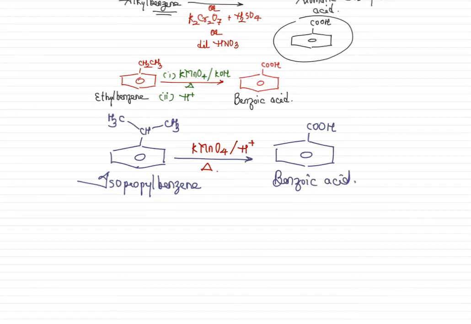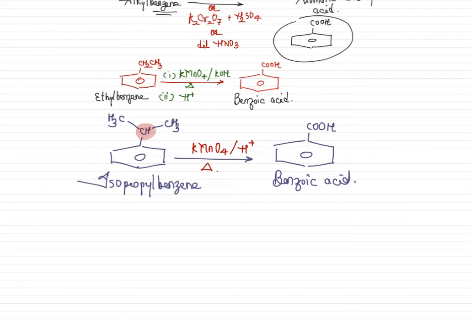See, the point is, as compared to the hydrogens which are present on the aromatic ring, the side chain hydrogens, and especially these benzylic hydrogens, are always more reactive. So as long as you have a benzylic hydrogen, this reaction continues.